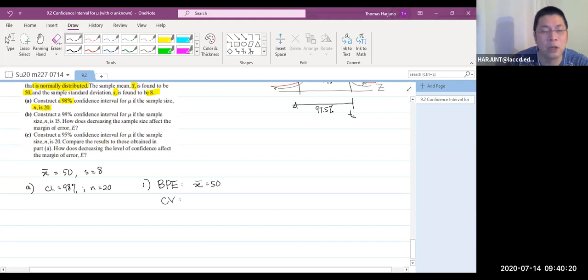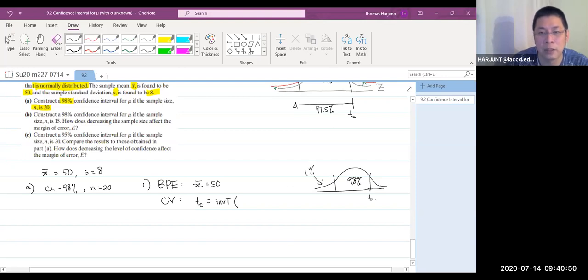Critical value: because we don't have population standard deviation sigma, we use sample standard deviation s. So we need to use T distribution. That will be inverse T. For 98%, the remaining 2% is shared between the left and right tails.